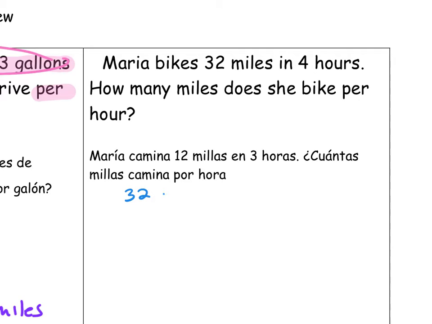And 32 specifically is miles over 4 hours. What should we do next? We should take 32 and divide it by 4. What is the answer?